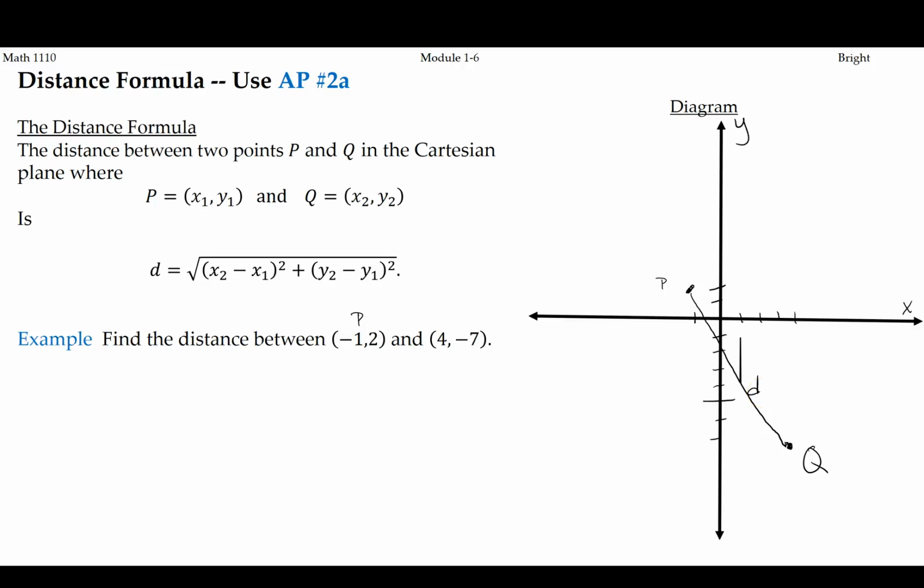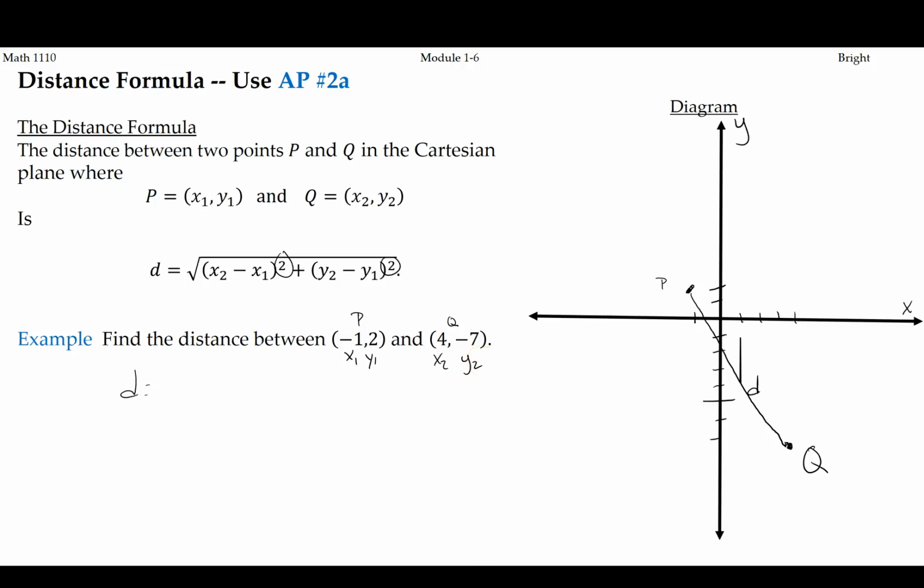All right, now I just need to use the formula. If it helps you to identify x1 and x2, go for it. I should label this as Q. This would be x1 and y1. It doesn't matter the order in which you do this because of the squares. So I'm going to label this as x1, y1 and x2, y2.